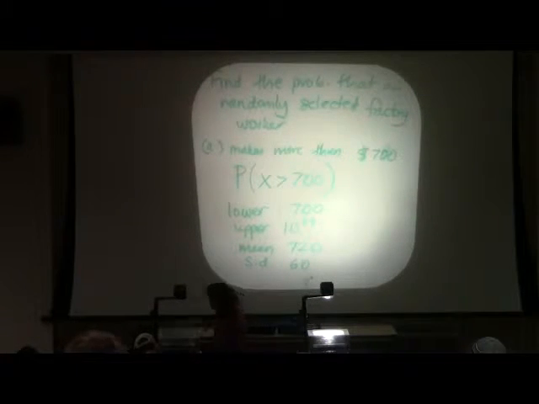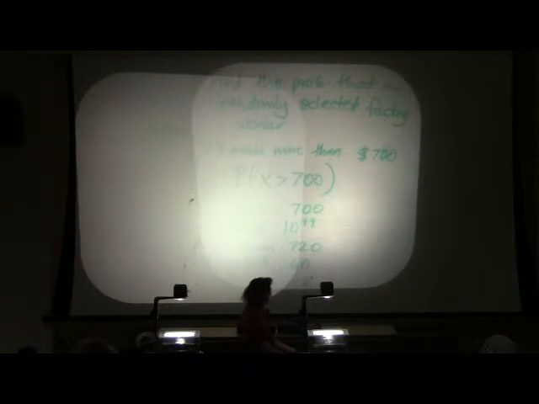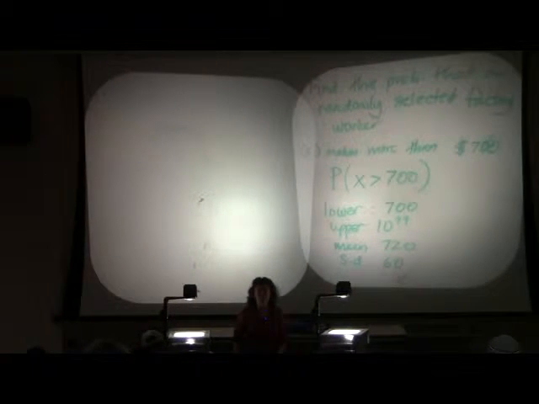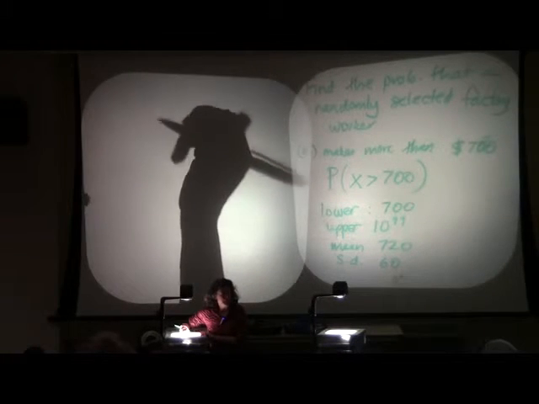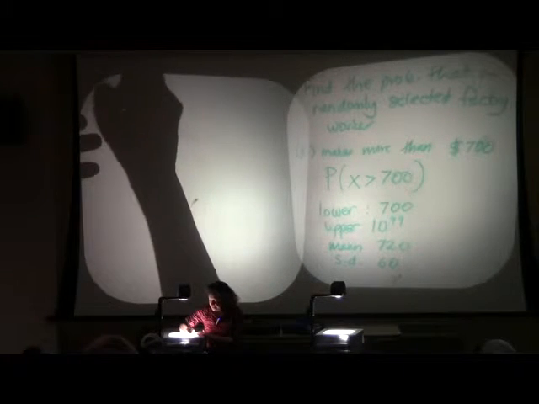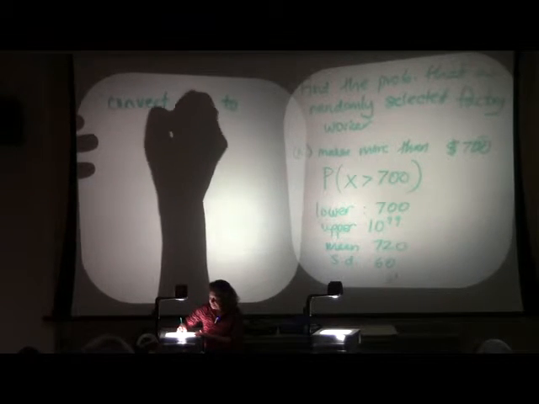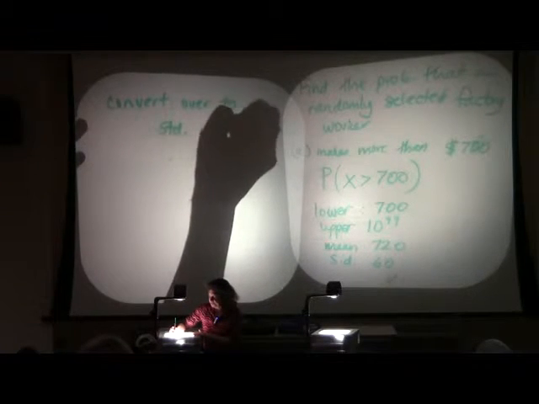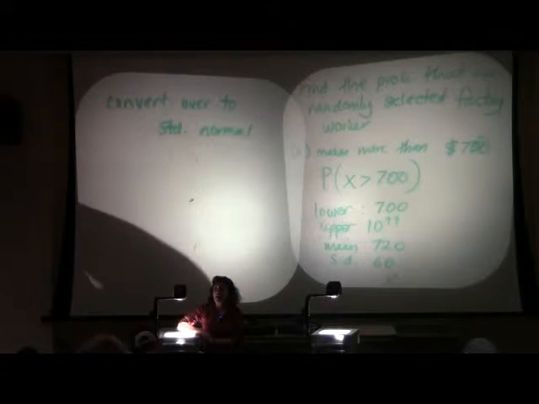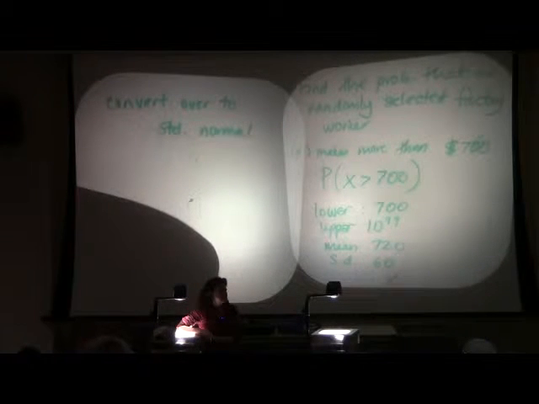What we have to do is an extra step. But it's all worthwhile. Okay? What we need to do is convert ourselves over to a standard normal situation. That means that we have a formula we need to use.